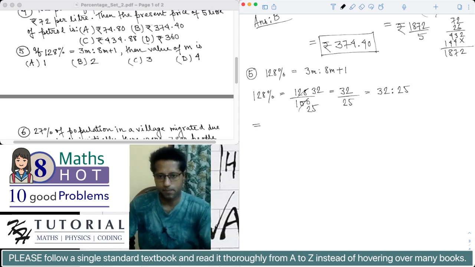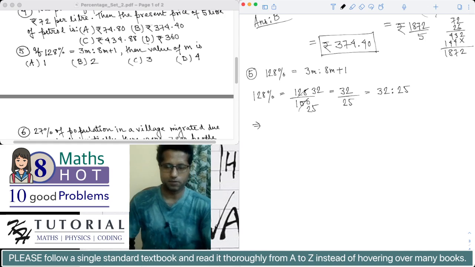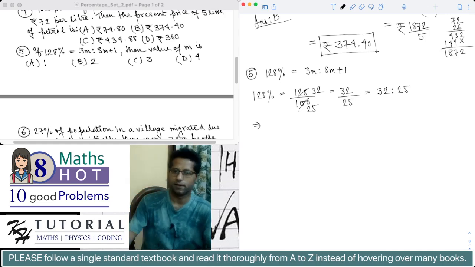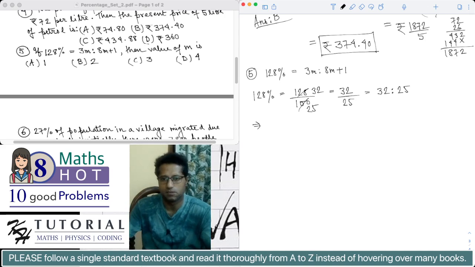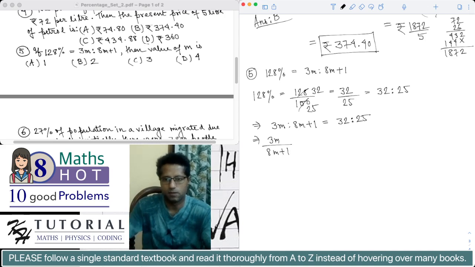And in the problem it is given that 128 percentage is equal to 3m is to 8m plus 1. So this means that 3m is to 8m plus 1 is equal to 32 is to 25. So this implies 3m by 8m plus 1 is equal to 32 by 25.